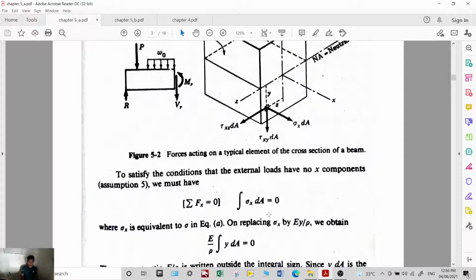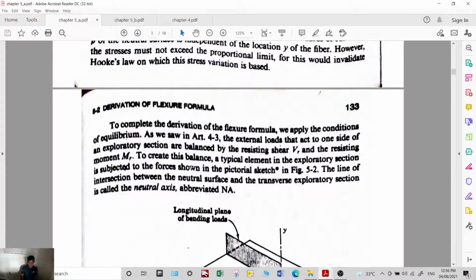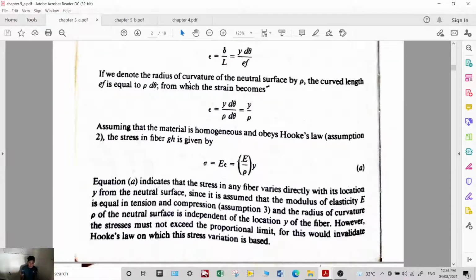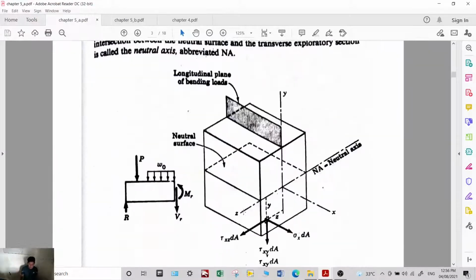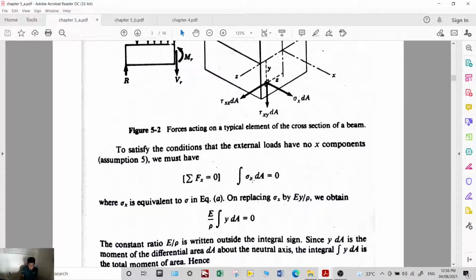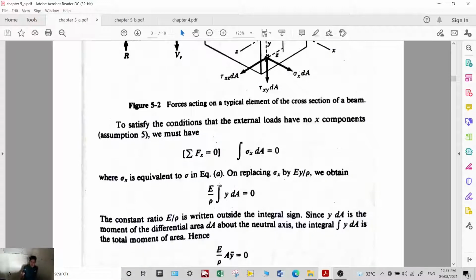Again, the stress based on this is E over rho times y. So E is constant and rho is also constant, so they come out of the integral, leaving y dA. And then, what is this y dA?